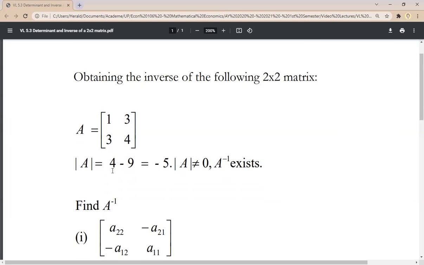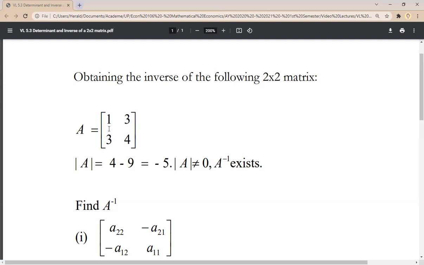Before you do anything else, before performing other operations, we will need first to get the determinant of the matrix, regardless if it's a 2 by 2 or a 3 by 3, because it's a go signal for you to carry on the process or the procedure.